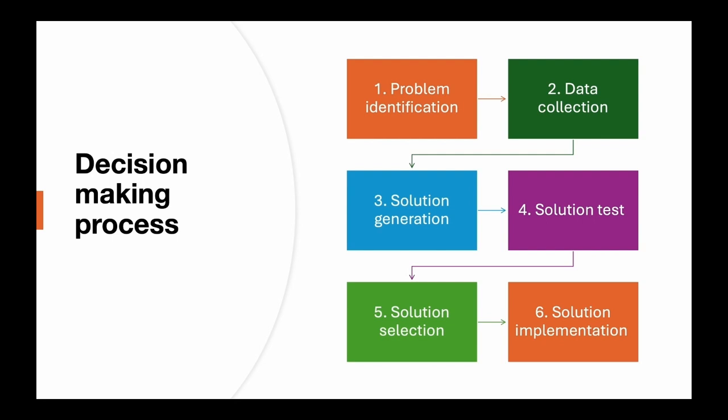Number 1, problem identification, which is what exactly is the problem. Number 2, data collection, obtaining information. Number 3, solution generation. We identify alternatives of a solution. Number 4, solution test, weigh the evidence. Number 5, solution selection, choose among alternative solutions. And number 6, solution implementation. Number 6 is the step where we take action.